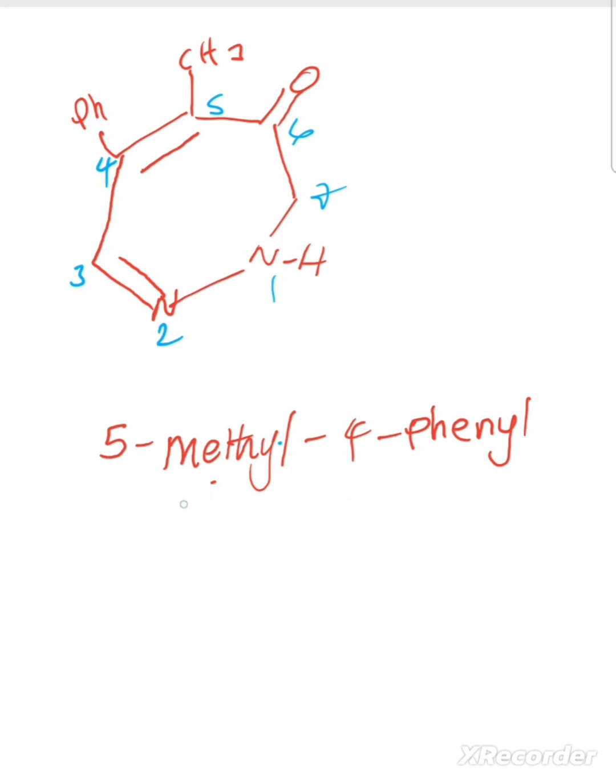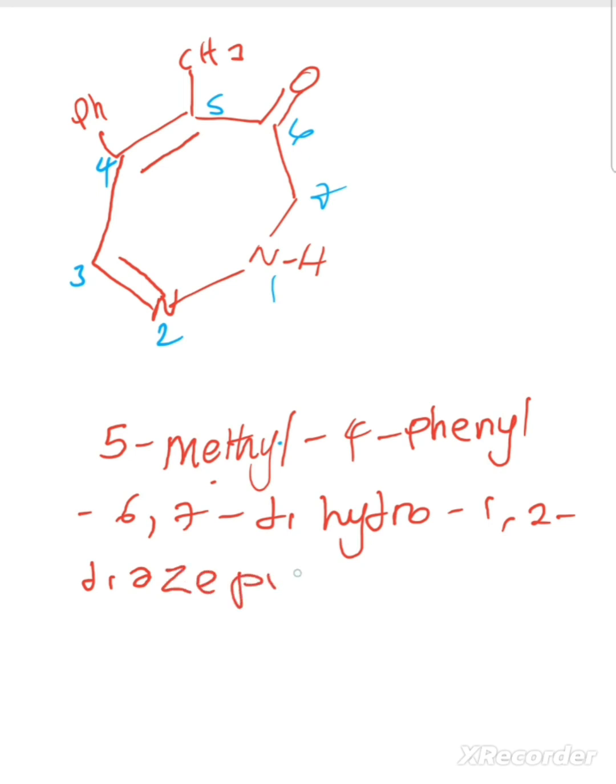Then 6,7-dihydro, 1, is it 1,4, 1,2? 1,2-diazepine, and on position 6 there is a ketone like this. So 5-methyl-4-phenyl-6,7-dihydro-1,2-diazepin-6-one. Right. So that is the name.